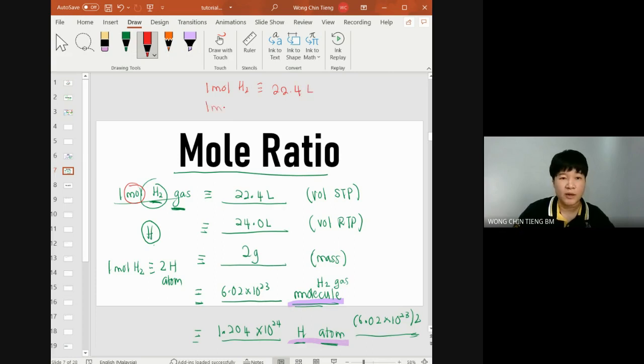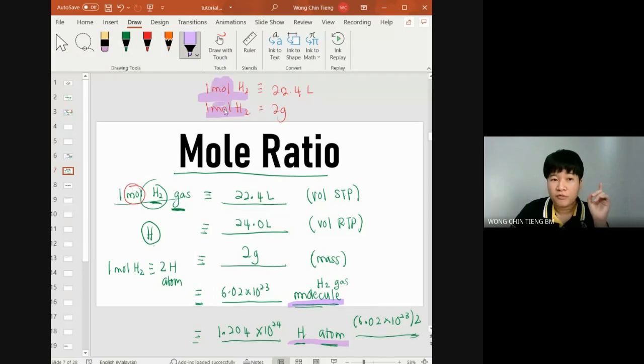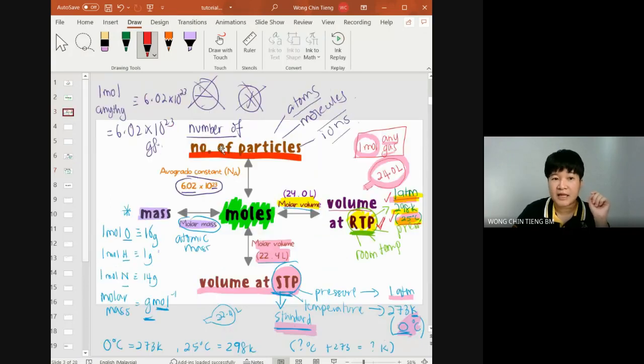Kalau saya kata 1 mole of hydrogen gas adalah 2 gram, you realize salah satu side, left or right, tak kisah, mesti ada perkataan mole. Sebab tu dia mole ratio. Kamu tak boleh compare liter with liter. Kamu tak boleh compare gram to liter. Betul? Because tengah-tengah mesti adalah number of mole. Make sense?